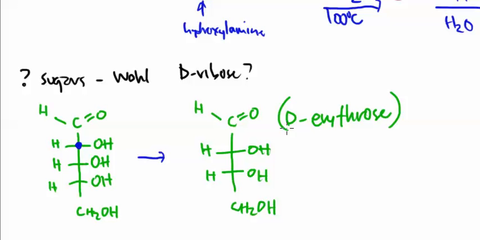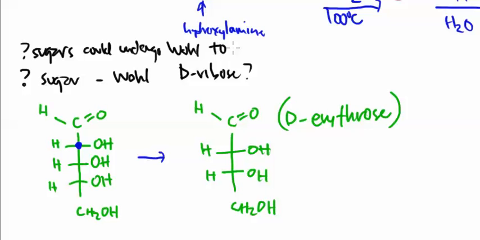Be careful though with the questions, because it could be like this one where it said what sugar is made from the Wohl degradation of D-ribose. Or they could play off on words a little bit, and they could say what sugars could undergo Wohl degradation to make D-ribose.